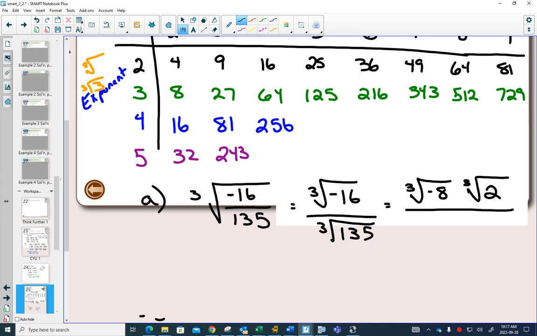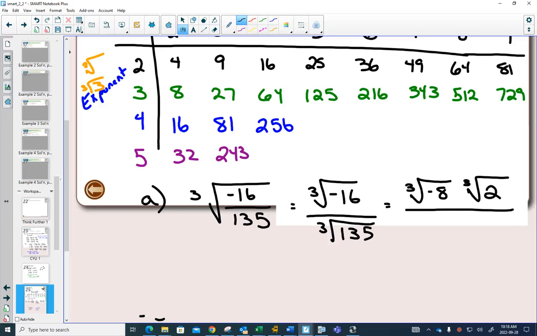Next, we have 135. When you're working your way down, there's not that many to check. Doesn't work for 125. Does 64 go nicely into 135? No. 27, maybe. Okay?